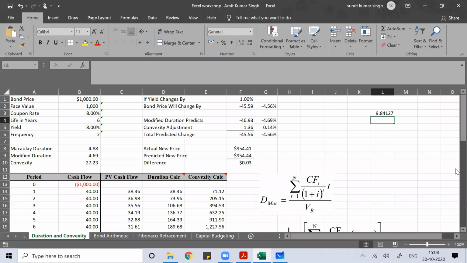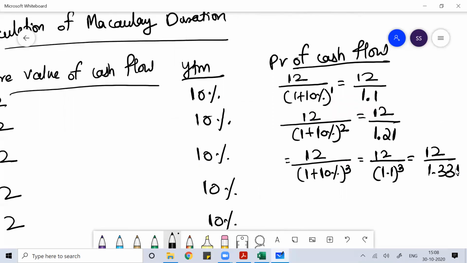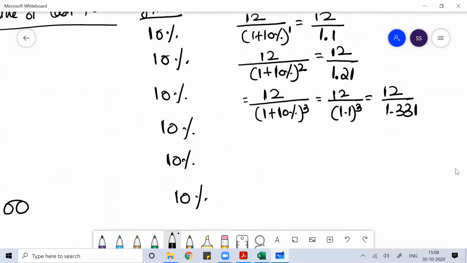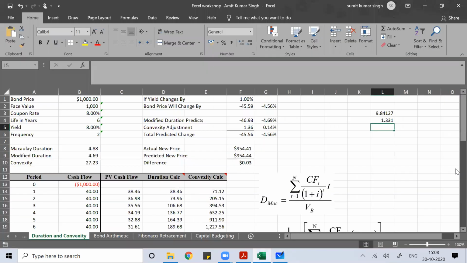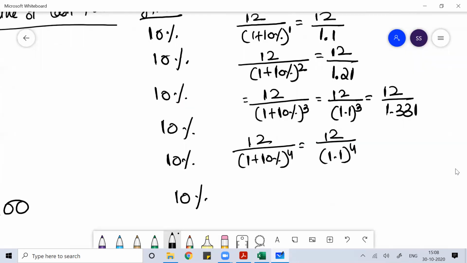1.1 to the power 3 is 1.331. Then this is 12 divided by 1 plus 10% to the power year 4, that is 12 divided by 1.1 to the power 4, which is 1.4641.